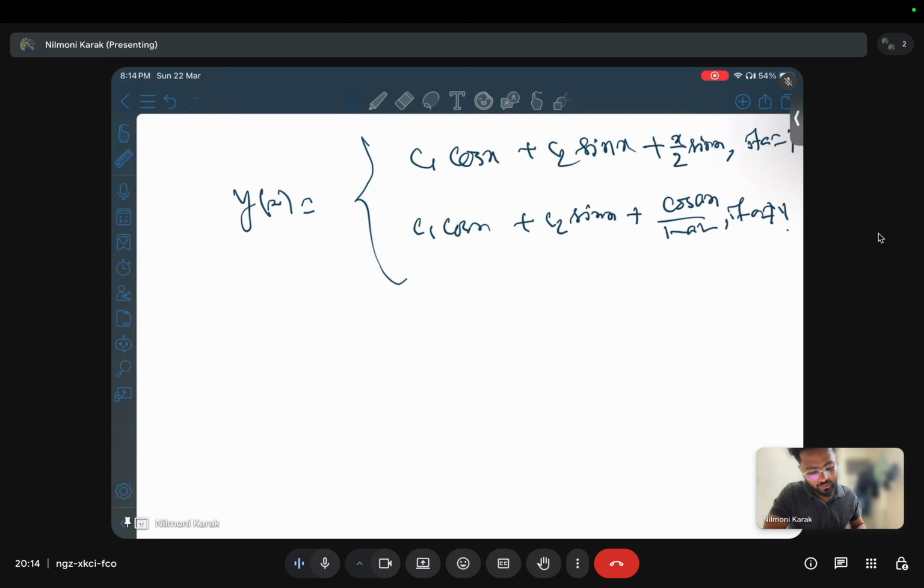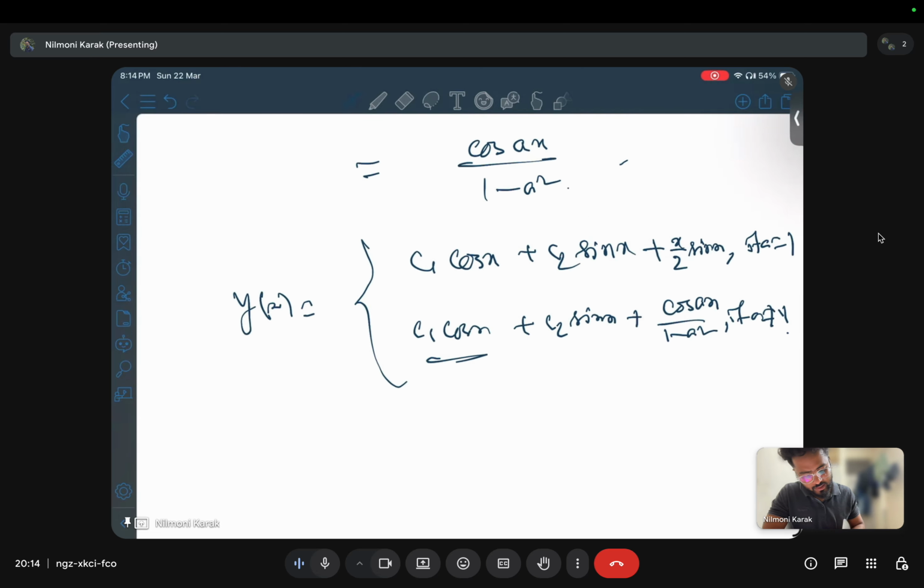One thing you can check: if a is a rational number other than 1, this is definitely a periodic function, a constant times this. And for an irrational a, this is almost periodic.